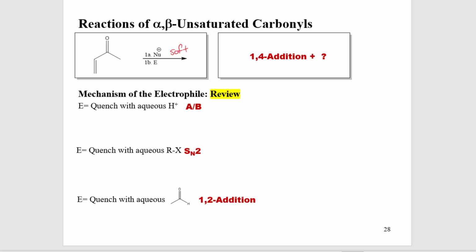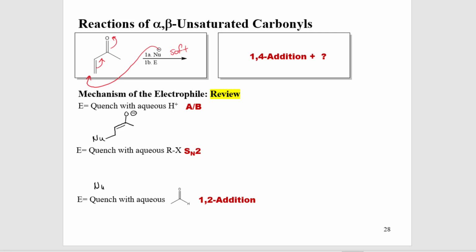So I'm going to do a 1,4 addition. I go in and up all the way. So what I've done is I've attacked the beta position. I have an enolate and I have a choice.